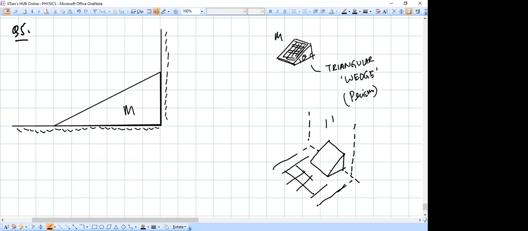It's kept like this against the wall. And of course, you have a smaller block on it and a thread attached. The smaller block is kept like this on top of it, and there's a thread attached. And this angle is theta.